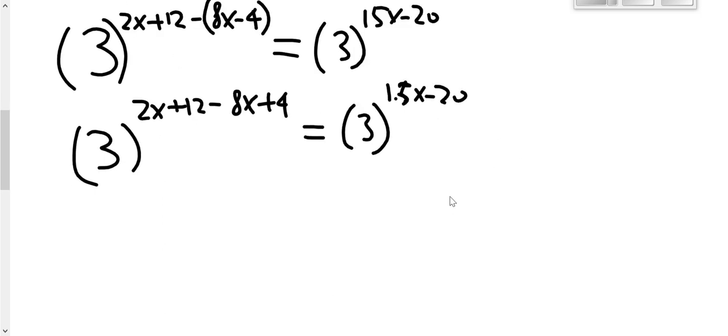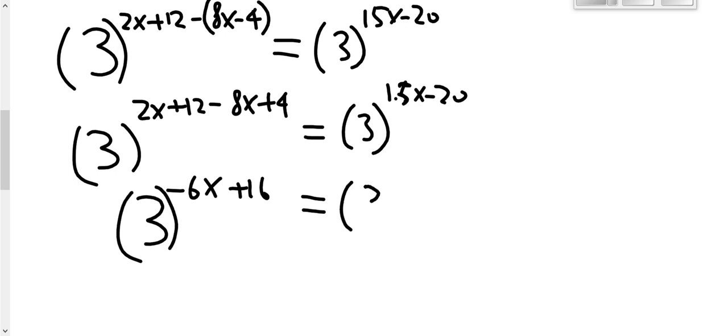Alright, so let's simplify the exponents here further. So 3 raised to the power of 2x minus 8x gives you negative 6x, and then 12 plus 4 gives you 16 equals, right hand side, there's nothing we can do, so 15x minus 20.